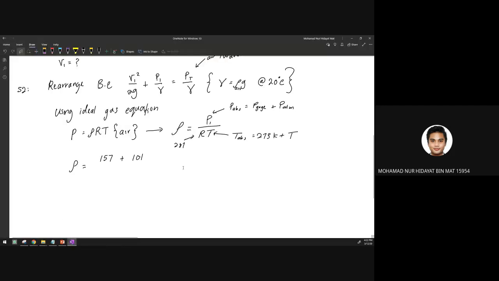The atmospheric pressure is 101.325, right? Divide by R, the gas constant 287, multiplied by the absolute temperature, 273 plus this 20 degrees Celsius.